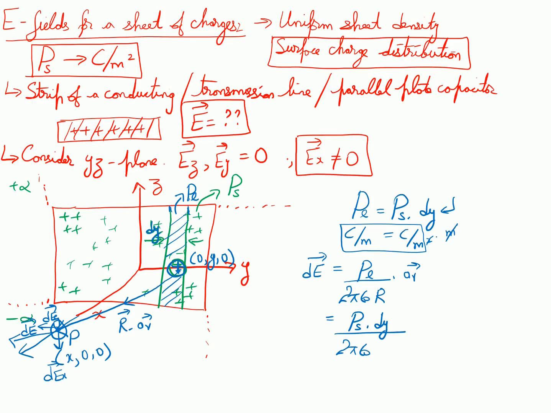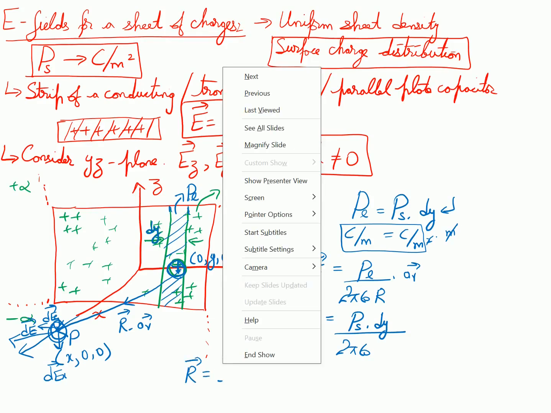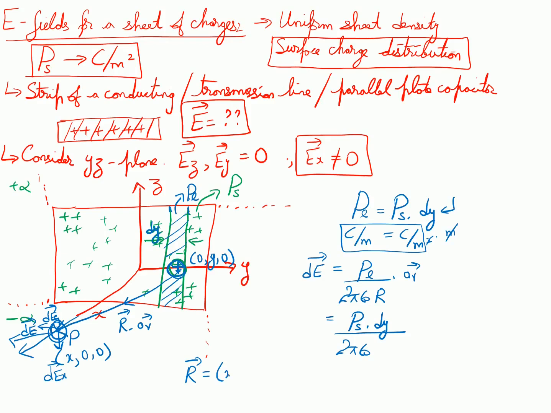And what is the value of r? This is the distance vector from the source point to point P. So r is going to be x a_x minus y a_y, and nothing on the z axis. Once I have r, I can find its magnitude and the unit vector.